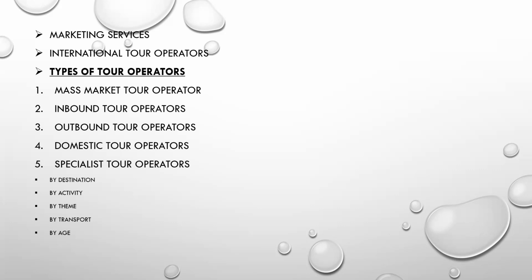The third point is that by this way, tour operators obtain these products that give them a wholesale function, because they acquire these various components of a package holiday. For example, like 25 double rooms in a hotel for the first week in August.